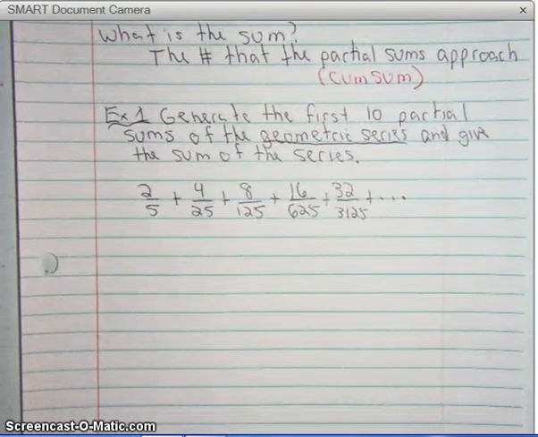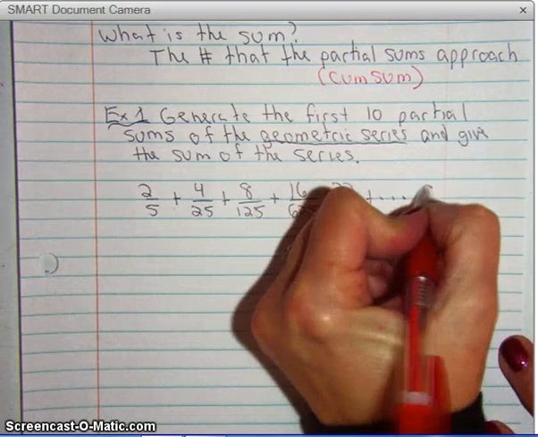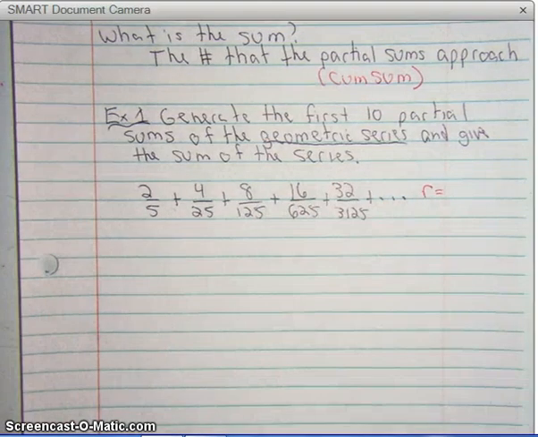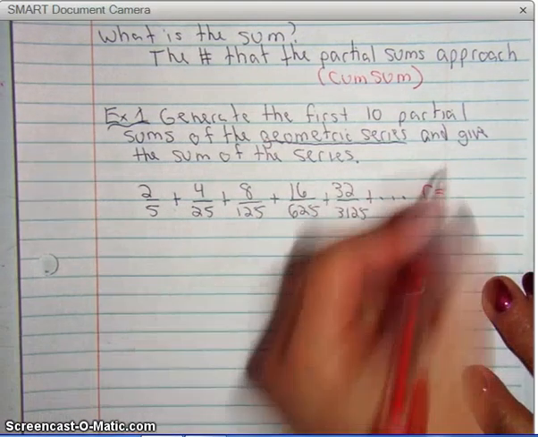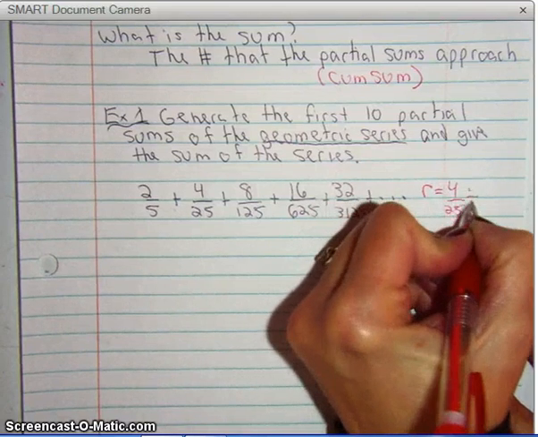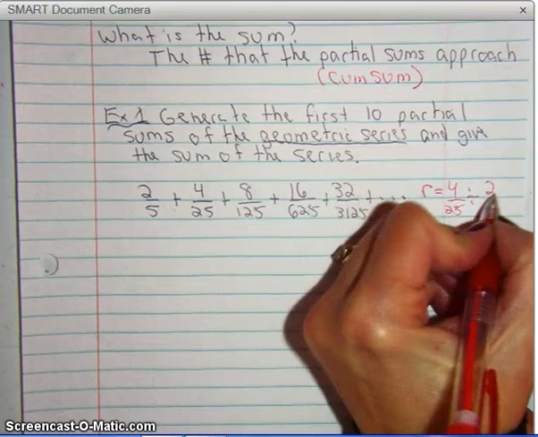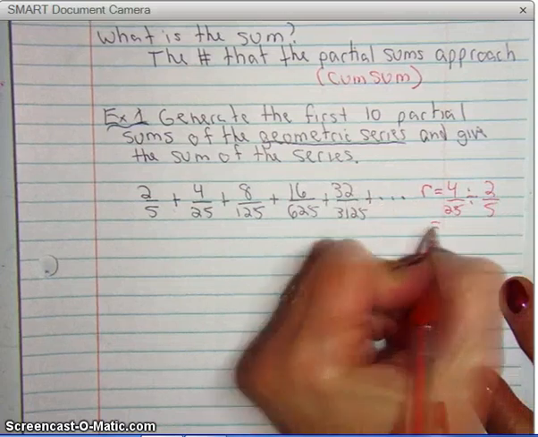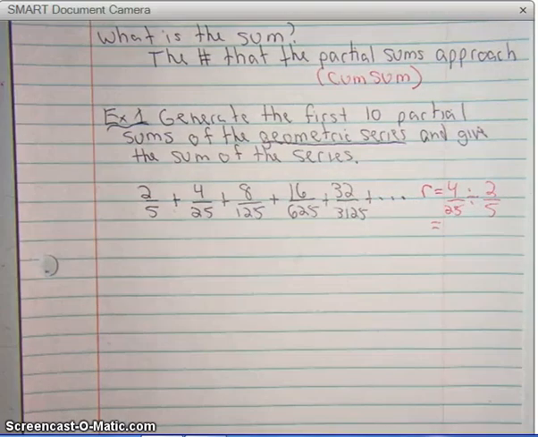Okay. Now, this only works if it's geometric. So the first thing you have to do is find r. If you can't find r, then it's not geometric. So grab your calculators. Take the second term divided by the first term, because remember, that's how we always find r.